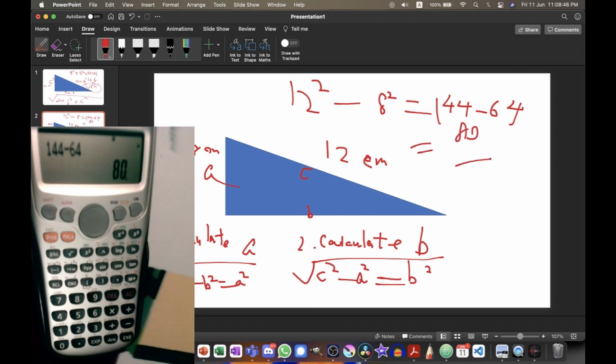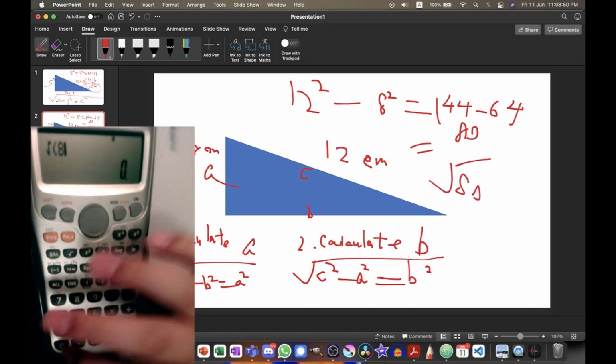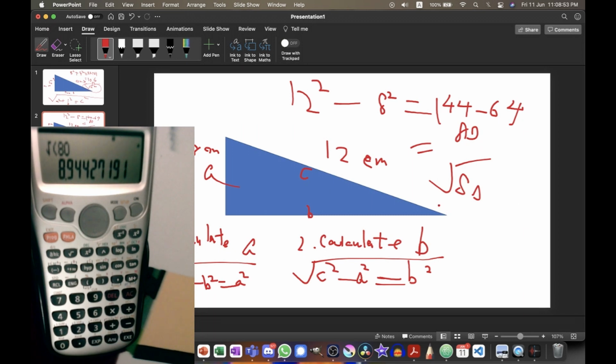And we want to root the number 80. It equals 8.94. And that's b for this one.